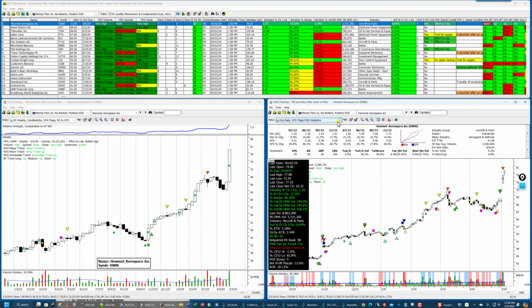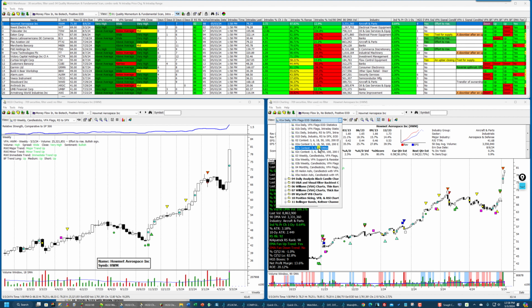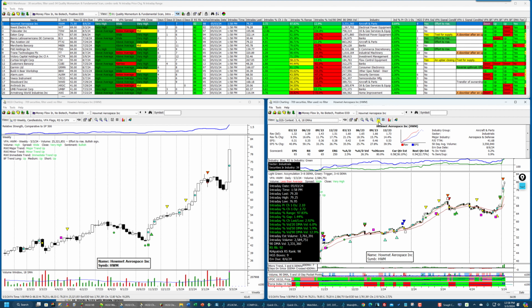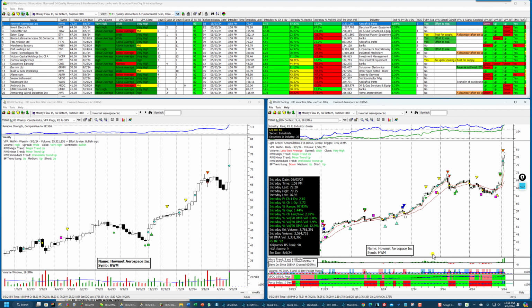So I'll zoom out. I'm just going to drop down here to B. I'm going to close this, and this way we can see where the crossovers were. So this had to be 8 days ago on the VPOC, and also the same, well, you can see it right here, the crossover here, but you would have had to hold it through earnings, and as we all know, earnings is a real crapshoot.